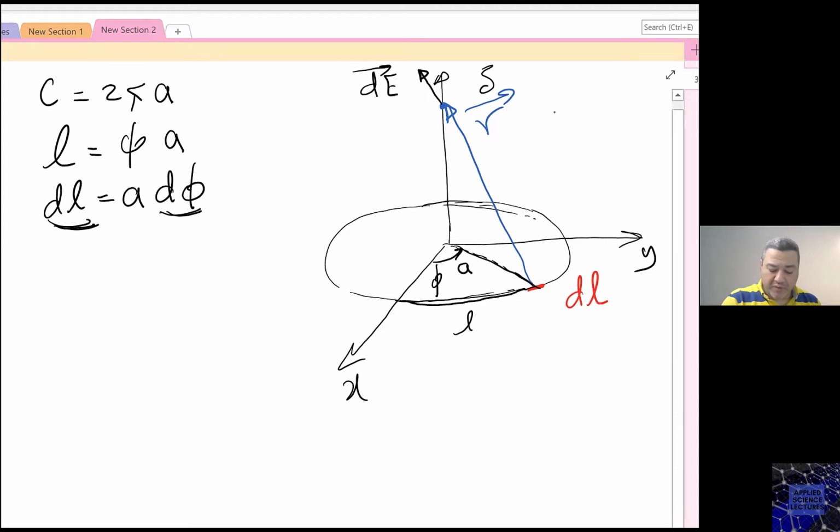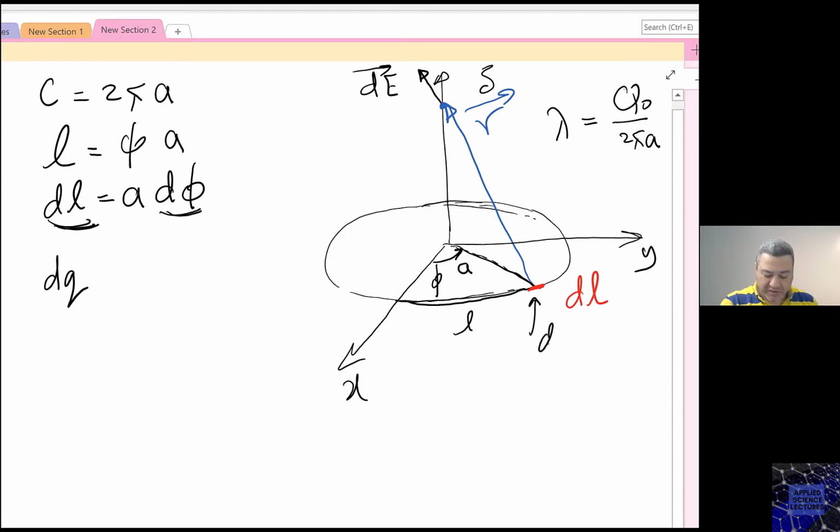Now I know that lambda is the total charge, assume that the total charge is q naught, or q divided by 2 pi a. What I care about here is my dq that is sitting right on this little piece.